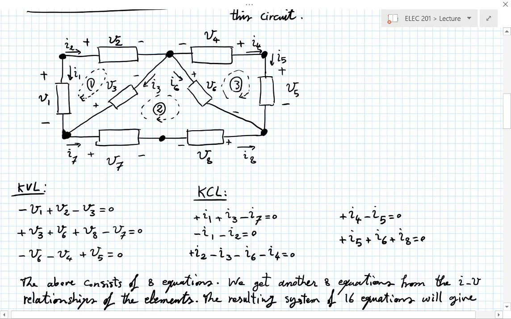So again, if I wanted to work backwards, I have 16 unknowns. I have 8 elements, so each of them will give me one relationship. And I have 6 nodes, out of which I'll get 5 KCLs. So I'm left with finding 3 equations. Those inevitably have to be KVLs.